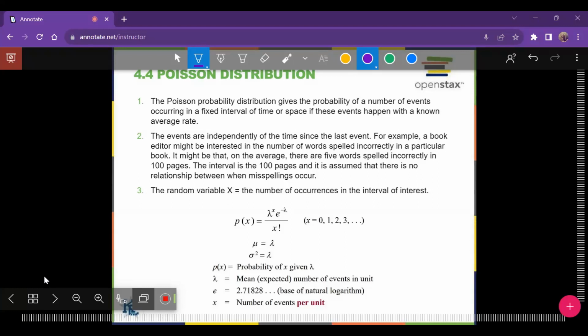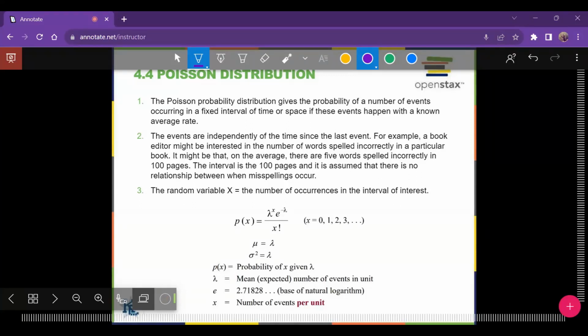This you can read for yourself. It goes over the Poisson distribution. I just want to point out that the mean we're using here is our lambda. So our lambda is our mean, and we use lambda in our formula. That's important to realize.